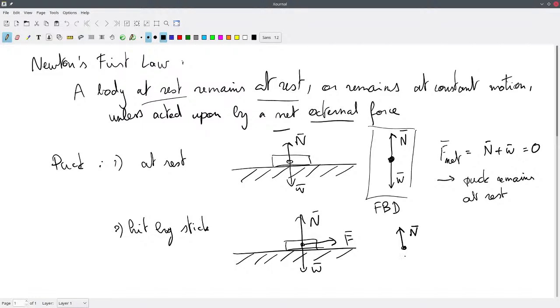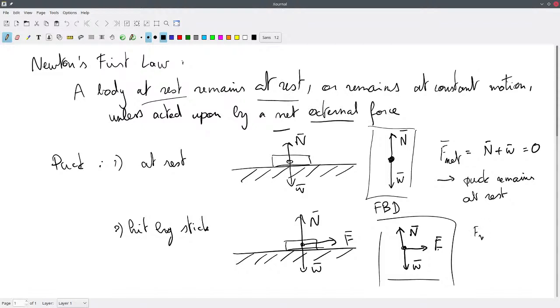We have a normal force in that direction, the weight in that direction, and the force F in that direction. Again, the free body diagram is separate from the actual drawing, even though I've also drawn the free body diagram on top of the physical picture, the diagram of the situation here.